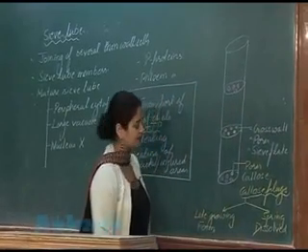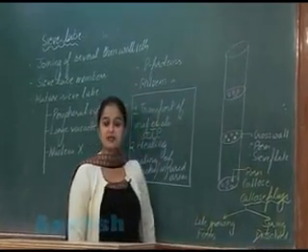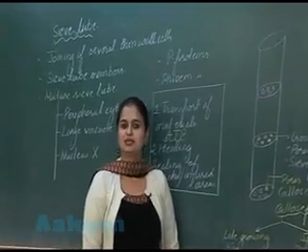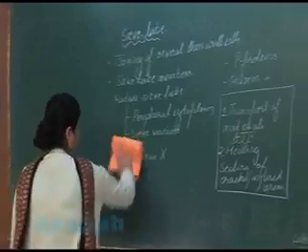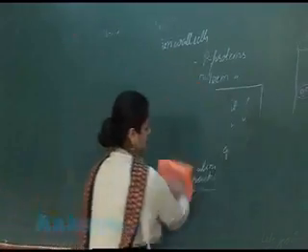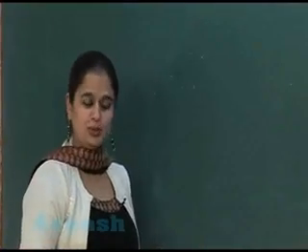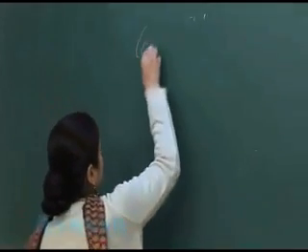So you got this? Now after the sieve tube, the next component is the companion cells. So now we are going to deal with the companion cells.